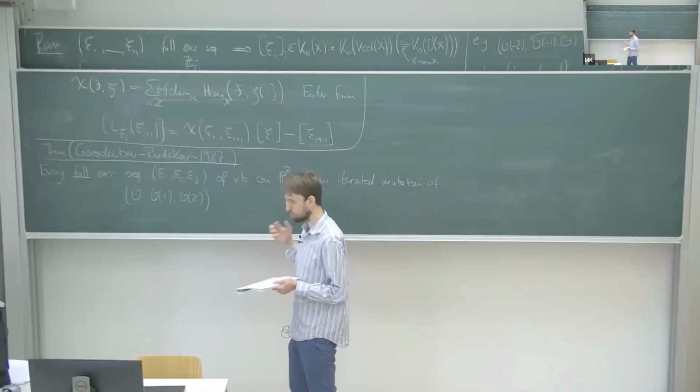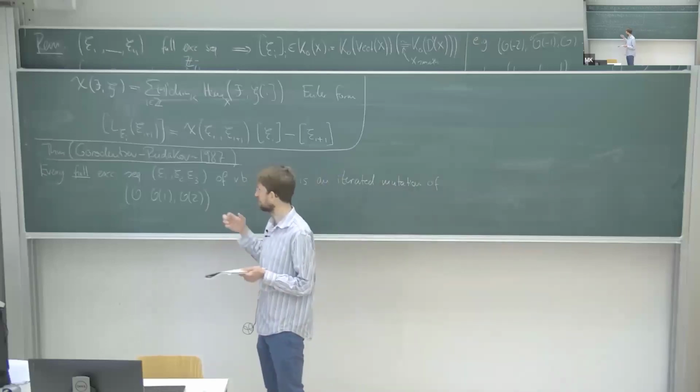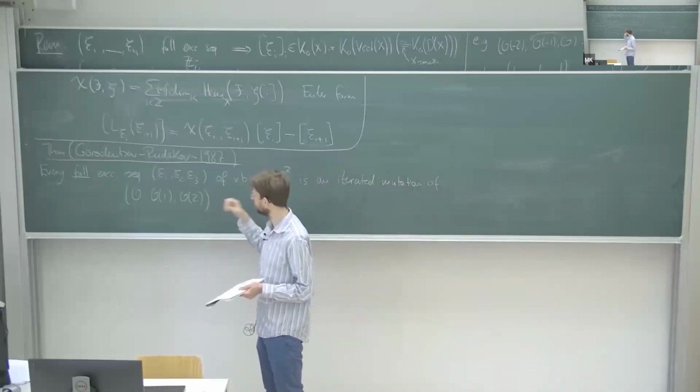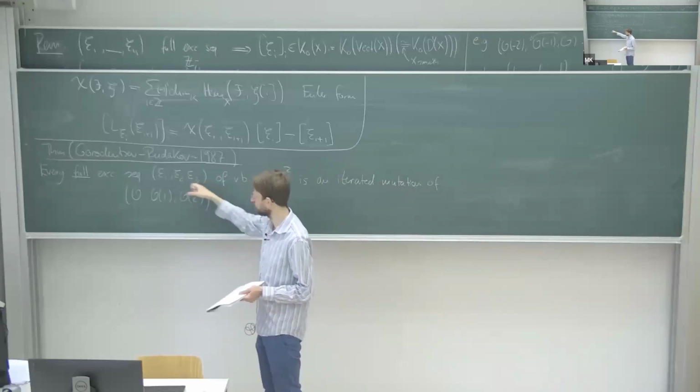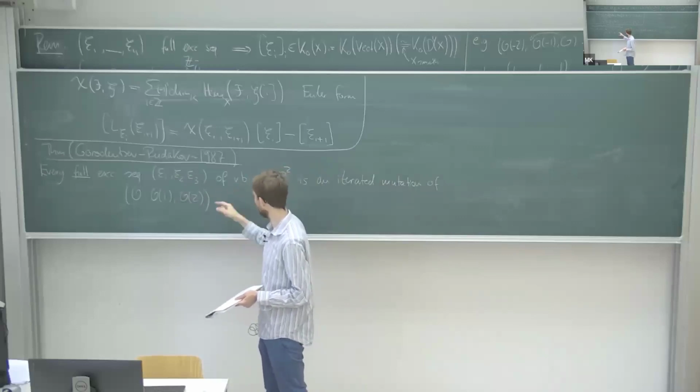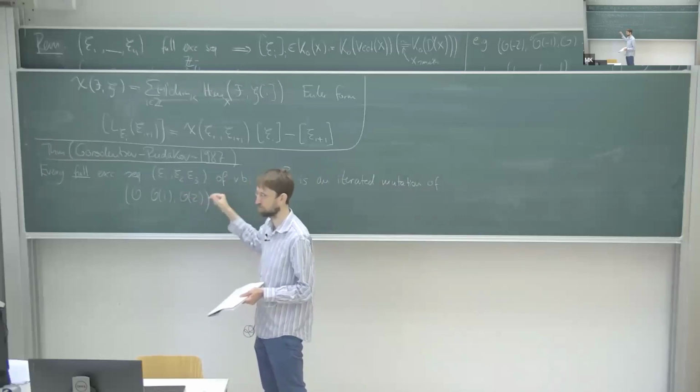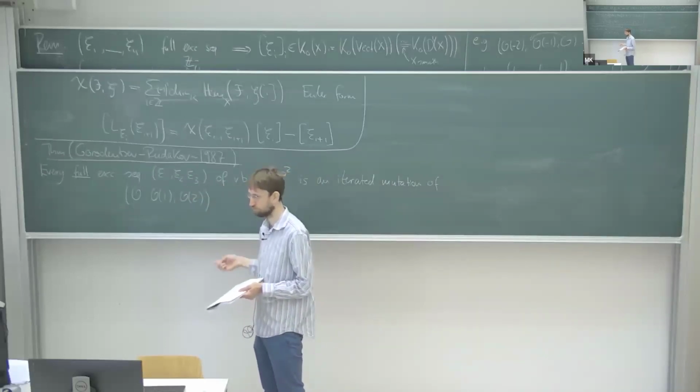And the really beautiful thing is that on the level of the ranks of the vector bundles in my sequence, mutation of the sequence corresponds to mutation of the corresponding Markov triple.